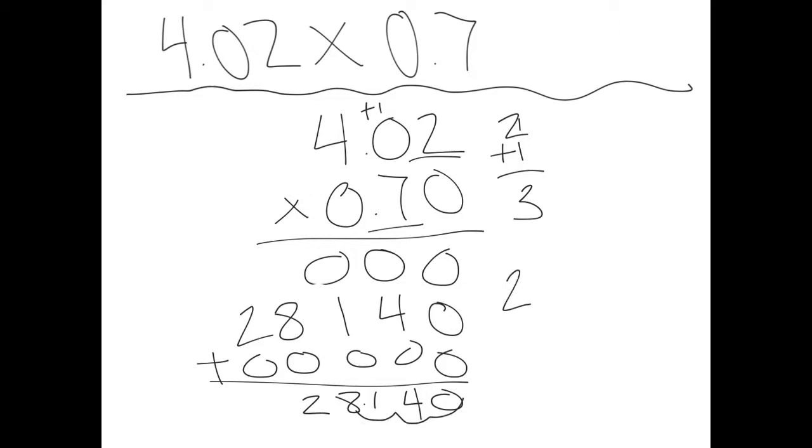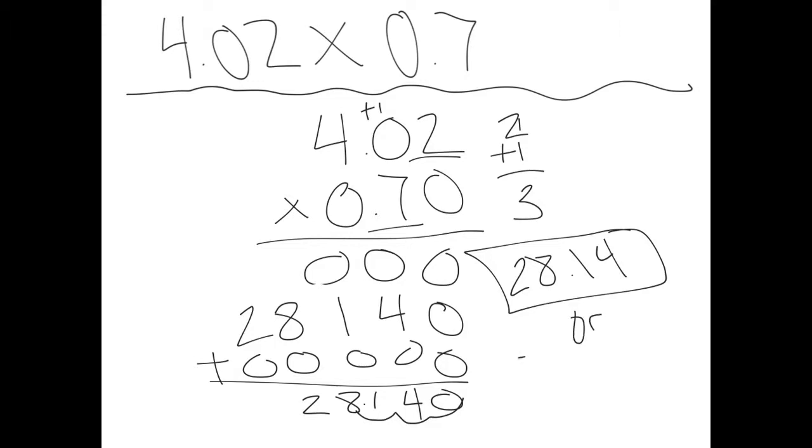So our answer would be 28.14, because we don't need to really bring the 0. Or if you wanted to bring the 0, it could be 28.140. And that is our multiplication problem of the day.